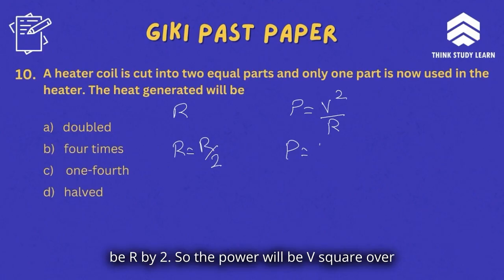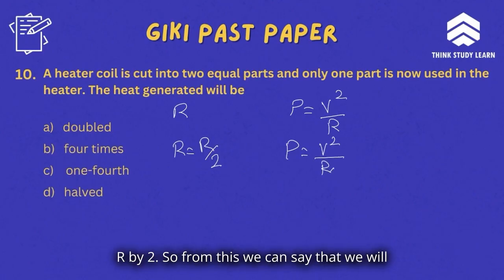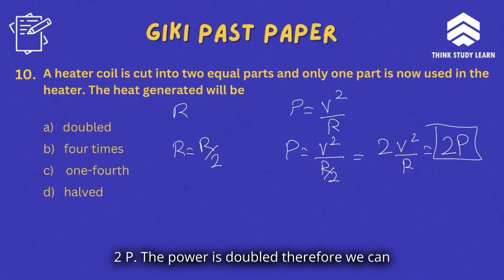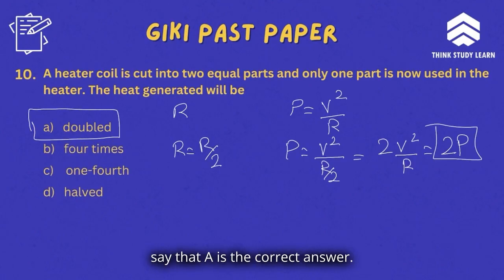So the power will be V square over R by 2. So from this, we can say that we will have 2V square over R, which means we have 2P. The power is doubled. Therefore, we can say that A is the correct answer.